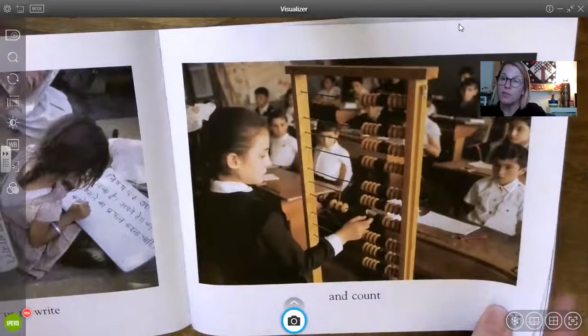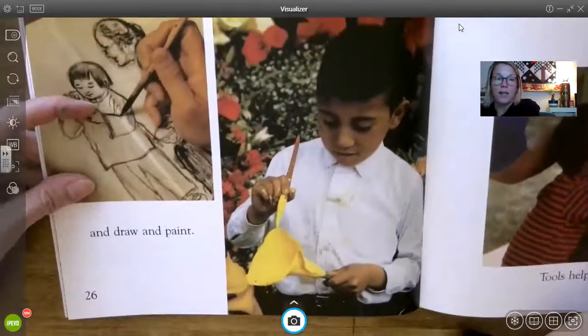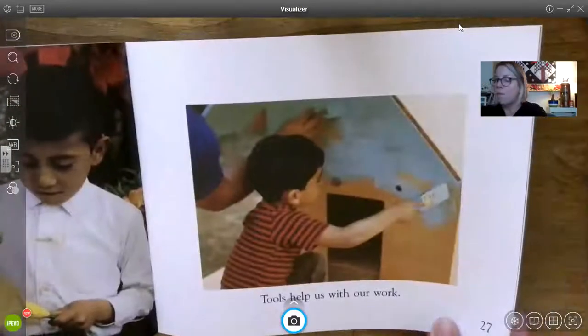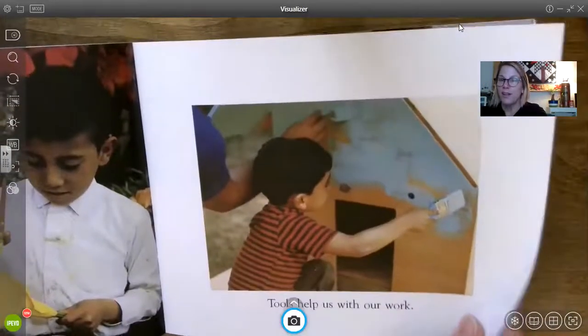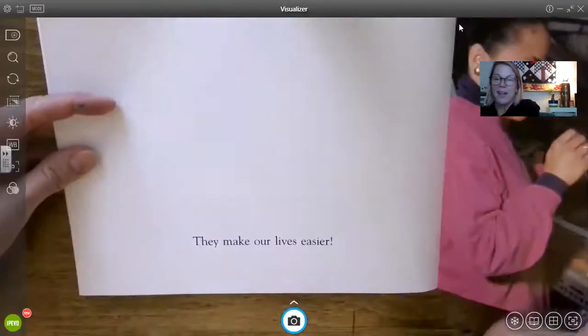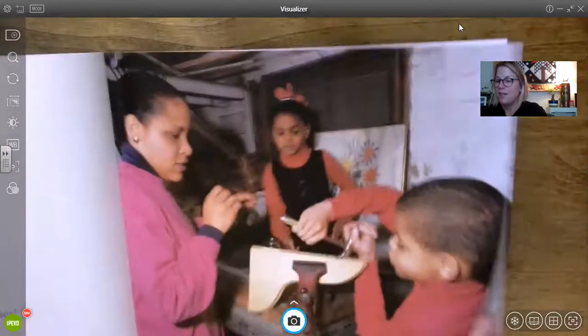And count. And draw. And paint. Tools help us with our work. And they make our lives easier. And then there's an index that we'll be exploring in greater detail.